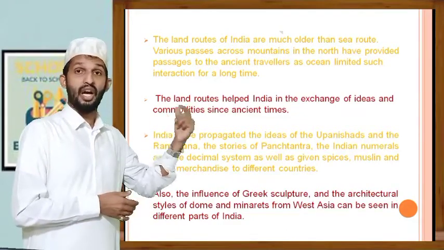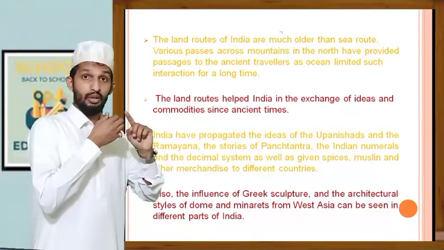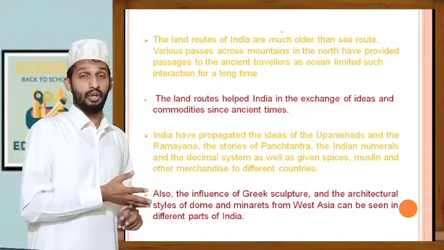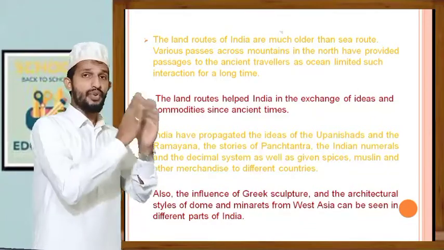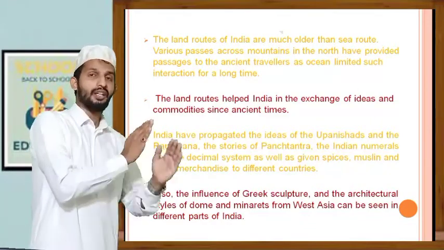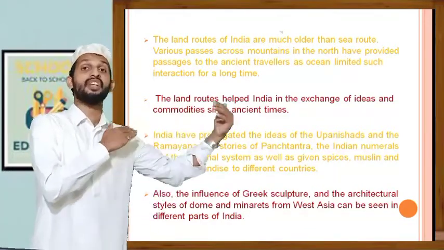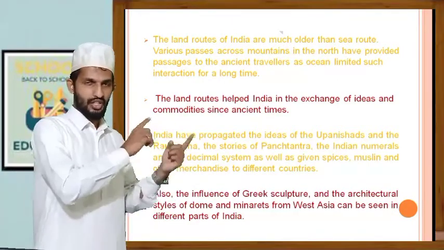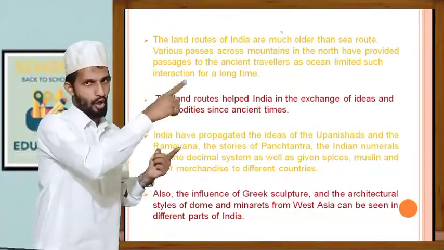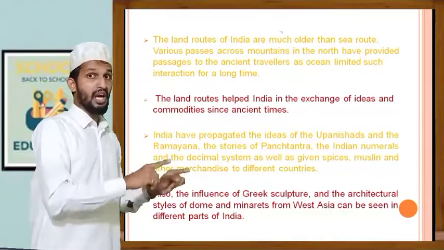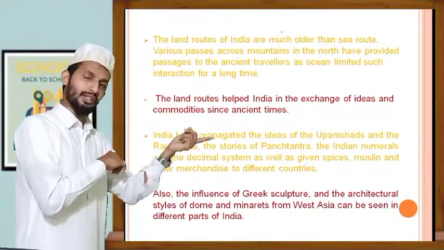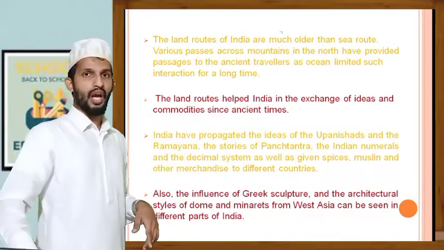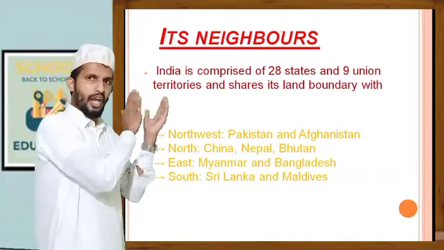You can see the Taj Hotel, the Red Fort, Agra Fort, Charminar and Qutub Minar. These architectural structures came from Western Asia, because the shape is sometimes a dome and sometimes a minaret like Qutub Minar. So these structures came to India in ancient times. We had a close connection with everyone in ancient times.